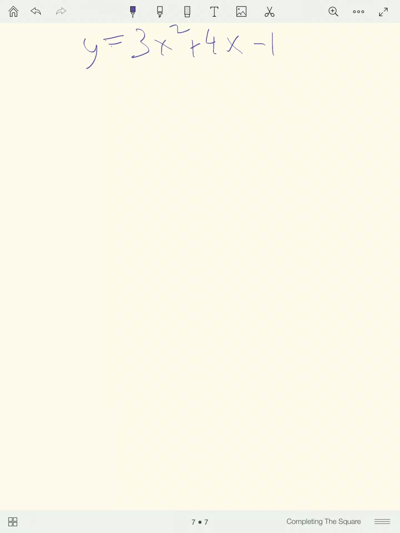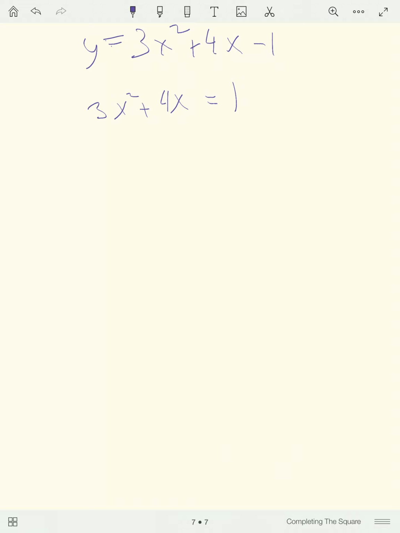Let's go ahead and do those first steps. Change the y to 0, move that c term over. We're going to skip right to the end of that. We will get 3x squared plus 4x equals positive 1. I haven't included my space here because we're going to do our factoring first. We are still going to factor a 3 out of here, even though that makes our b term a fraction.